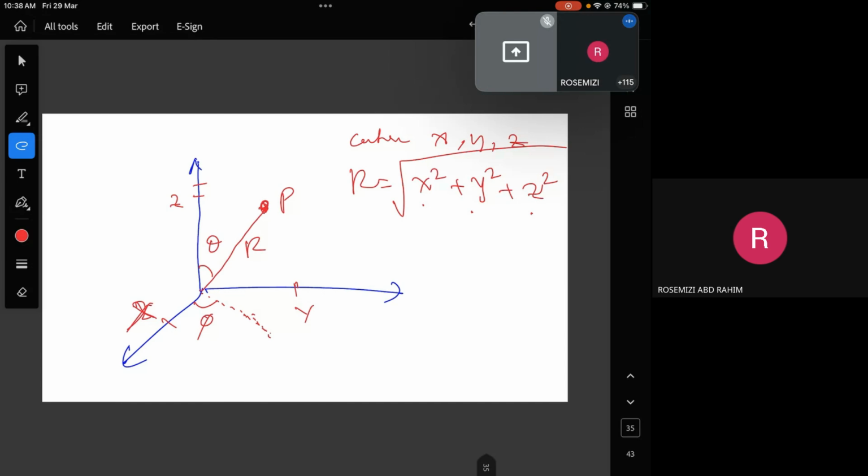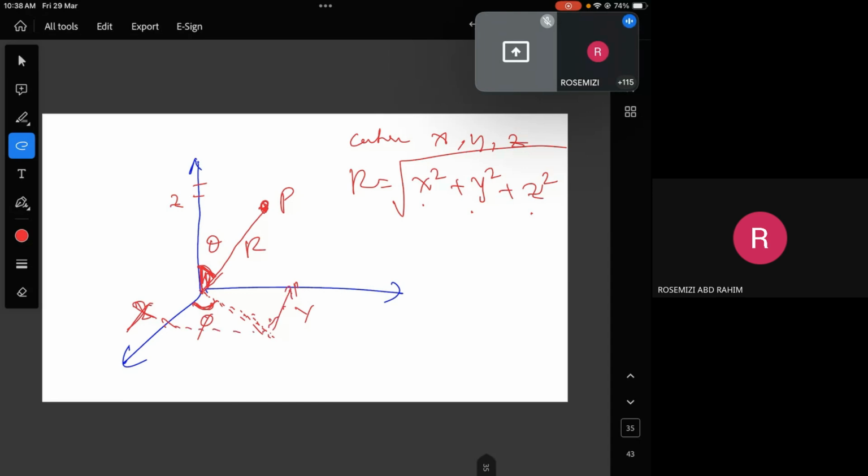Okay. Next is theta. What is theta? Theta is here. So theta is there. Okay. Phi. What is phi? We know that this is x, this one is y.